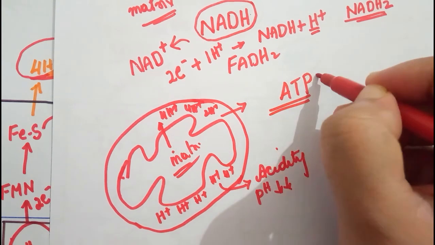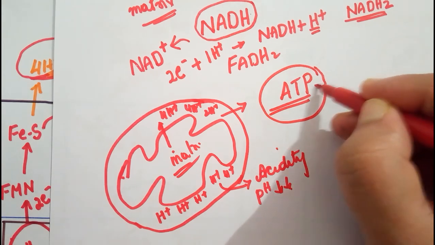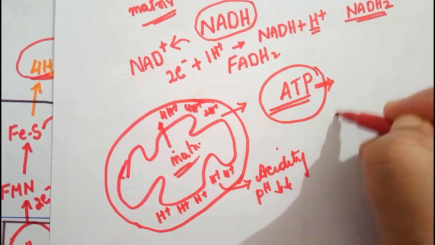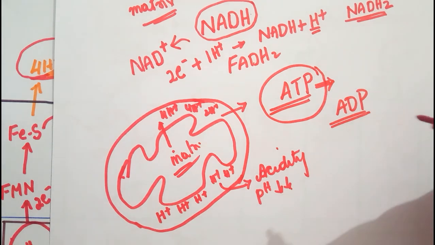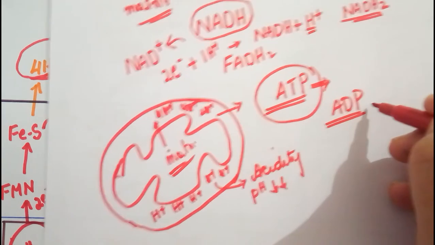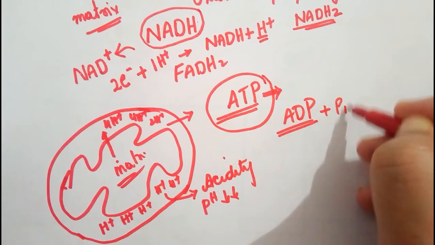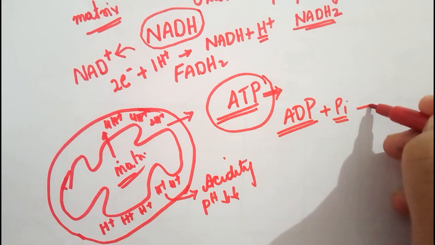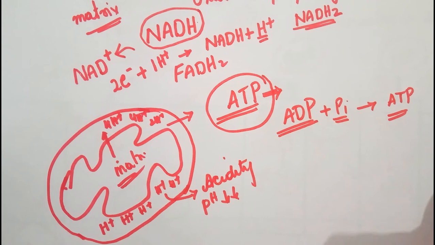Now we have set the stage for making ATP from ADP. How ADP, with the addition of inorganic phosphate, is getting converted into ATP is what we are going to see in electron transport chain video 2.